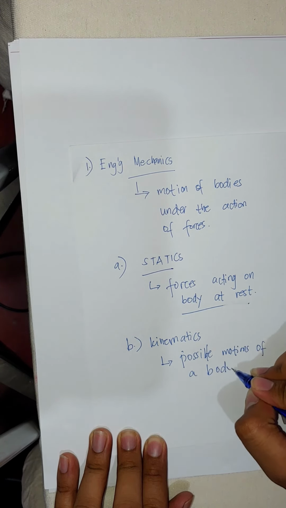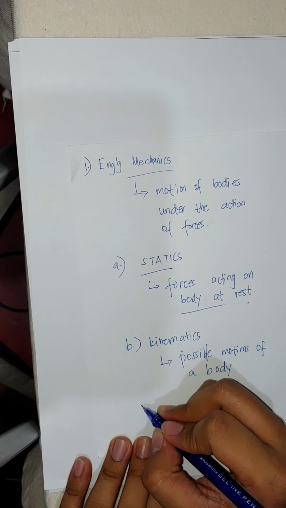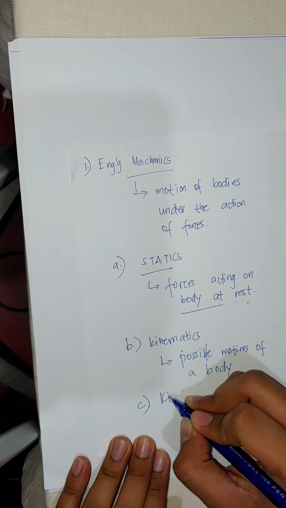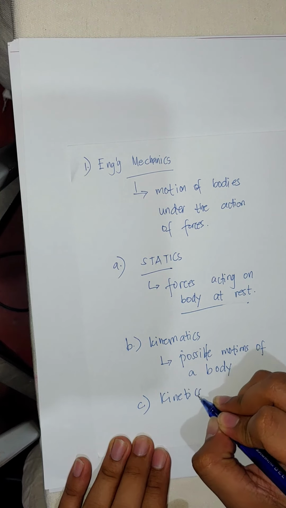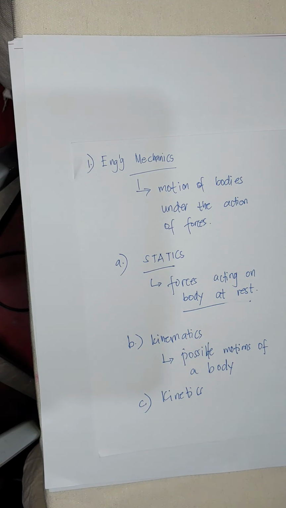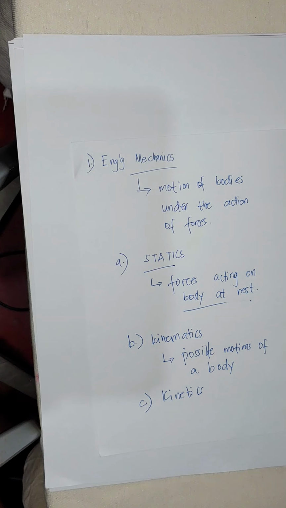Now the second part, the third branch of mechanics, we call kinetics. Let me go back to kinematics. Kinematics is purely mathematical expressions used to calculate velocity, acceleration, displacement, time, and trajectory. It comes from the Greek word kinesis, which means motion.